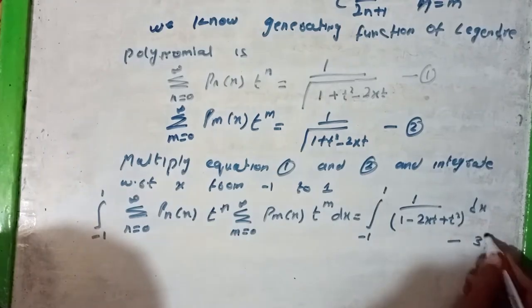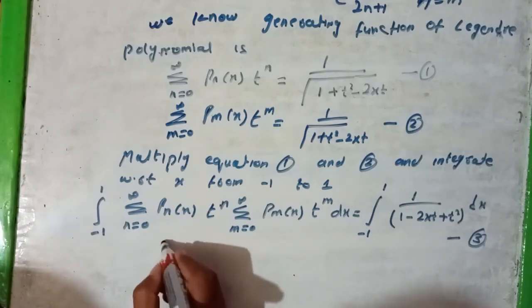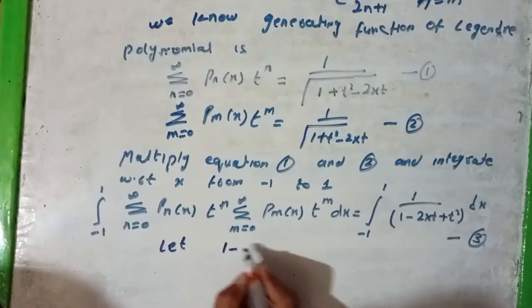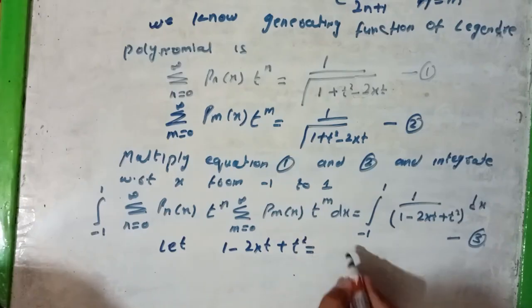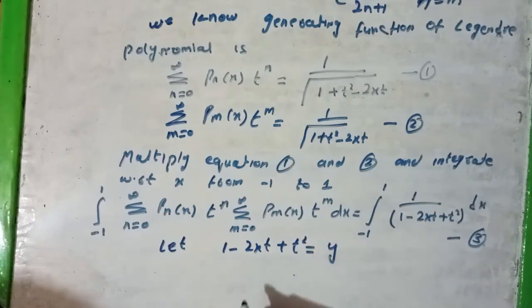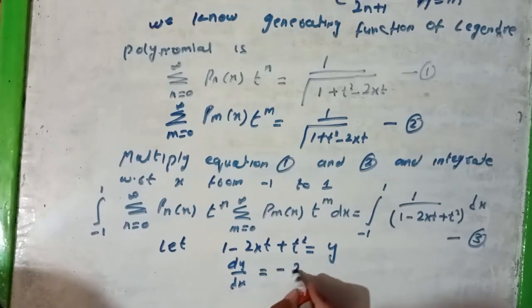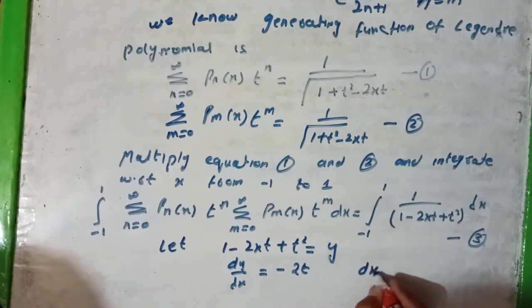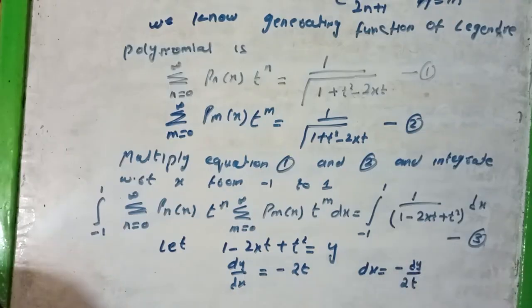This is equation number 3. Let 1 minus 2xt plus t square is equal to y, and dy over dx is equal to minus 2t, and dx is equal to minus dy over 2t.